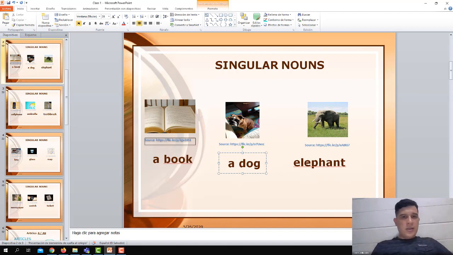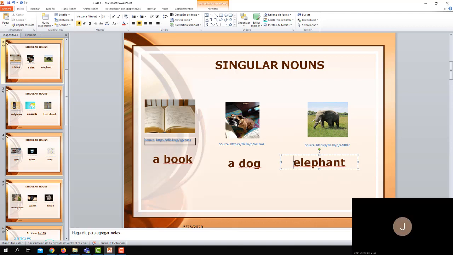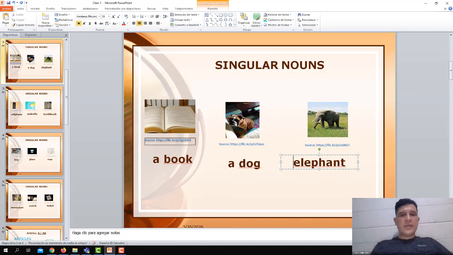And just let me go with the next one. And this one, elephant. Correct. An elephant. So if you remember the rule, dice sonido de consonante, ¿verdad? Book. Es sonido de consonante.